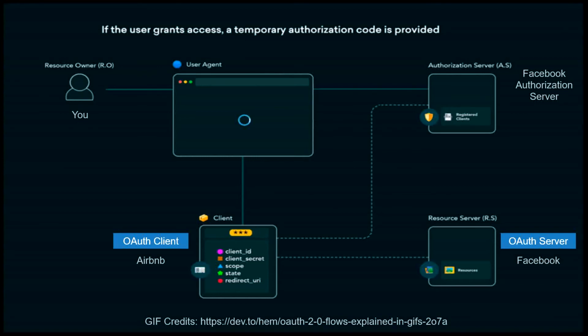The client also sends client ID and client secret along with this request. The authorization server validates that it is a valid authorization code and also checks what permissions the user has given to that particular client. After all these checks, the authorization server provides the client with an access token along with the refresh token. And finally, you are able to use Airbnb, the client.